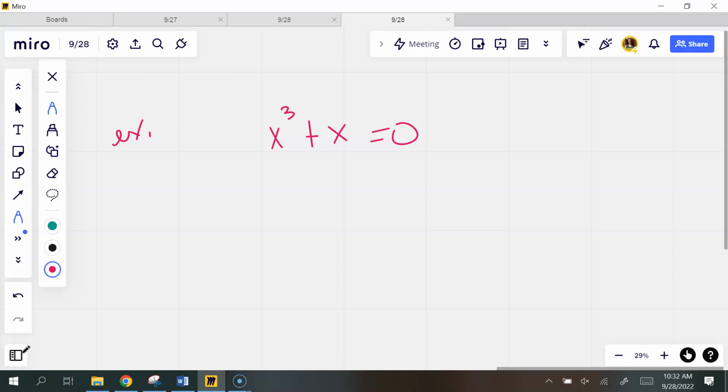I don't have to move anything, so my next step would be to factor. How do I factor x cubed plus x? That's it? X would equal 0. How many solutions am I looking to get here? You're at 3. Why? 3 is the degree, right? So if you tell me 0, you're only giving me 1. I need 2 more.